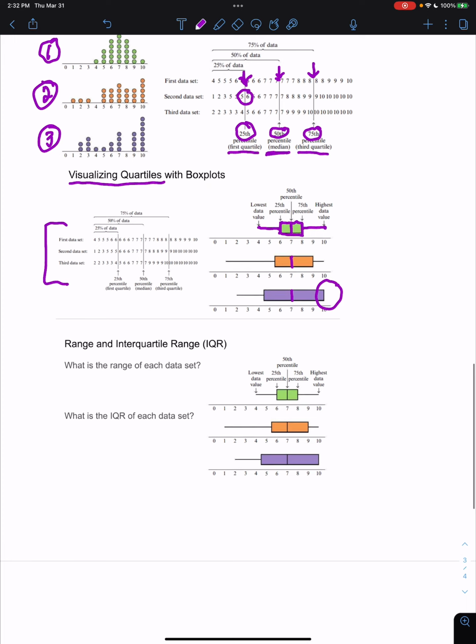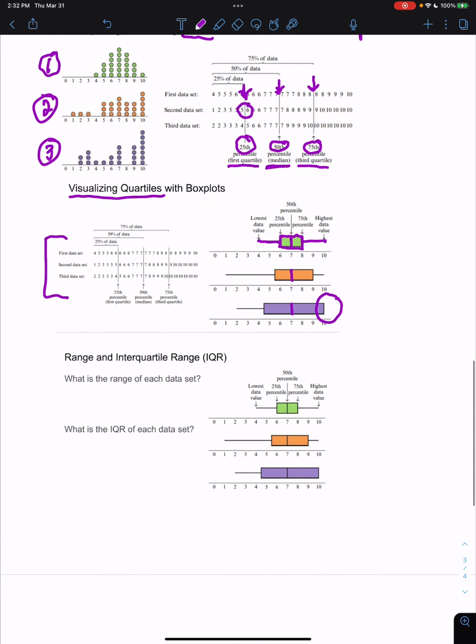One last thing I want to talk about is calculating the range and the interquartile range. We sometimes call that the IQR, interquartile range. So what is the range for each data set? All we do is take the highest value and subtract the lowest.